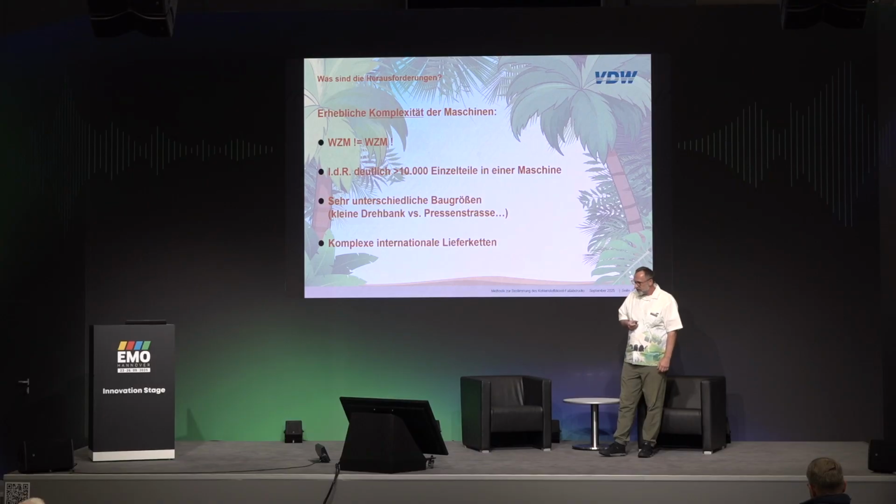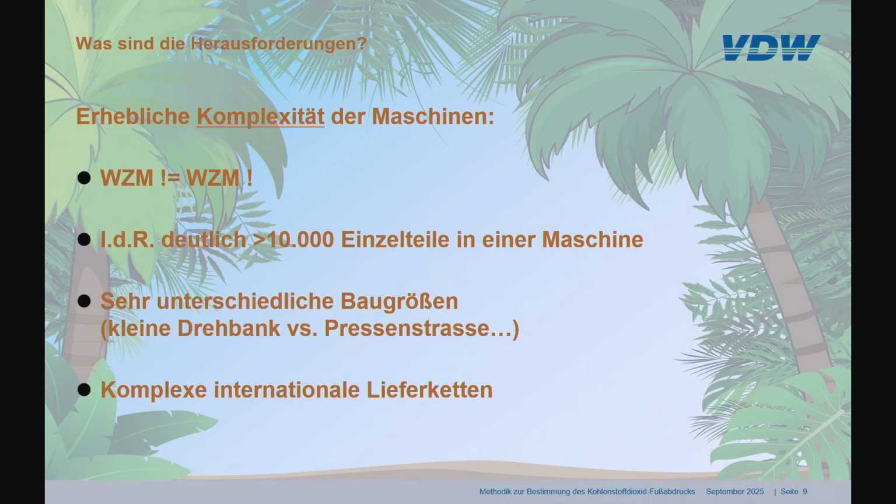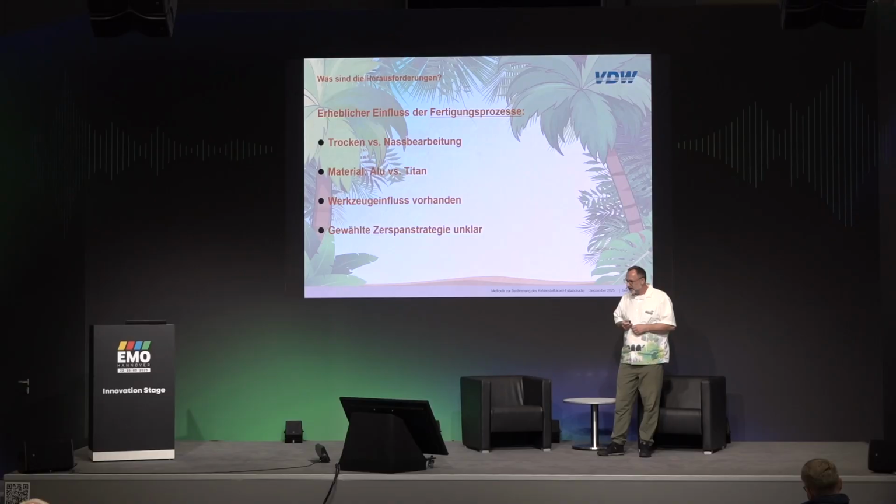Now, what are the challenges in this context? Well, that's what we see here. Everywhere around the trade show, you never see two machine tools that are the same. There's big ones, small ones, some do milling, others do turning, EDM machines, lots of different technologies. They're complex. They consist of many thousands of individual parts, maybe even many tens of thousands of parts, and so on.